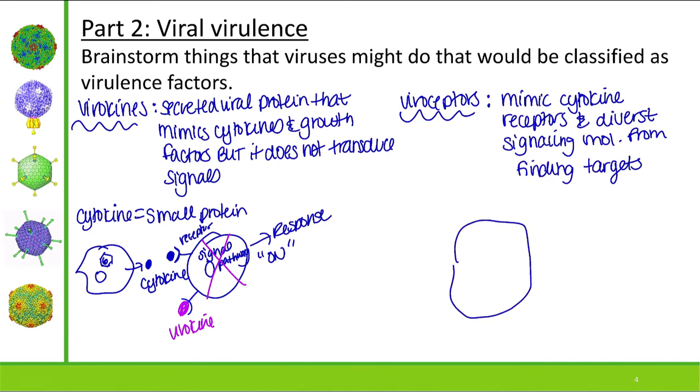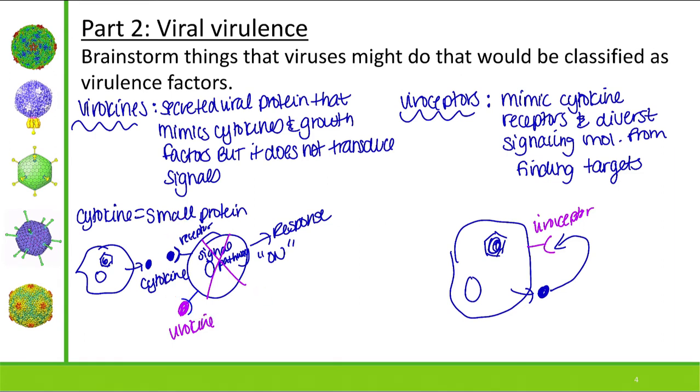If we have the same cell that is infected by a virus, and one of the proteins that it has made is a viroceptor, when this cell recognizes that something is wrong and a cytokine is sent out, that cytokine is meant to be a signal to the immune system. Instead, there's a viroceptor really close, and so these cytokines can interact with that, and essentially it's a really good way to stop that signaling pathway that we drew here on the left from occurring.